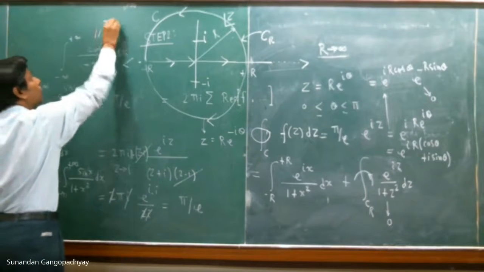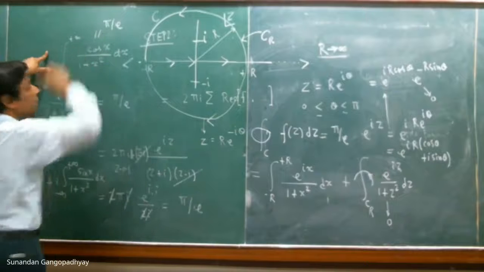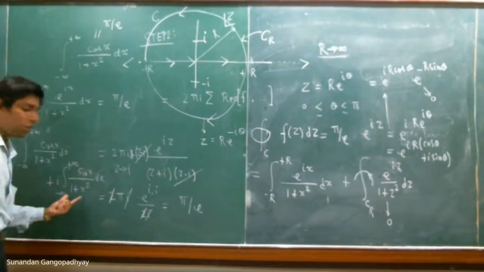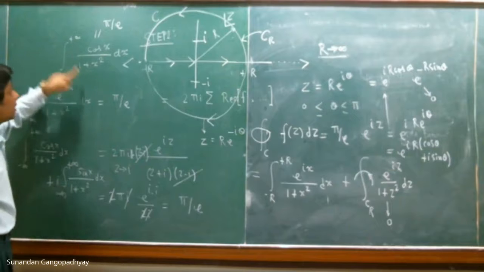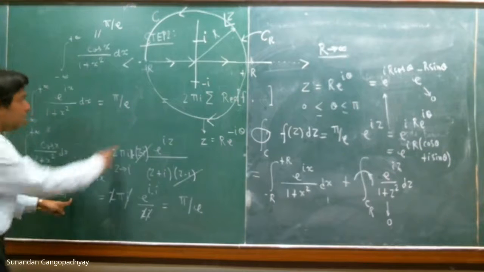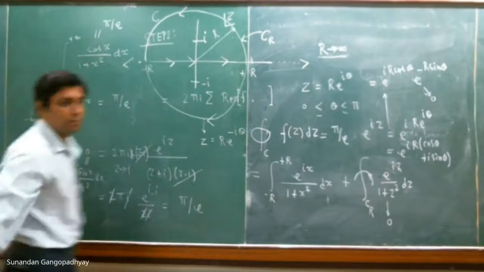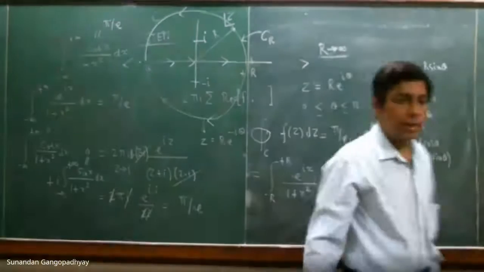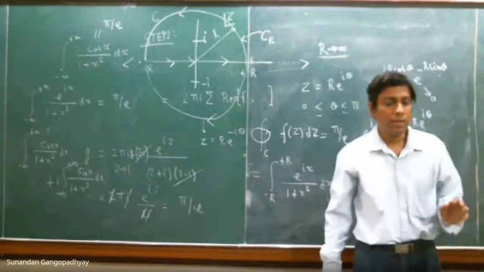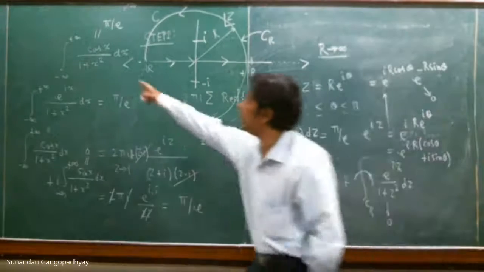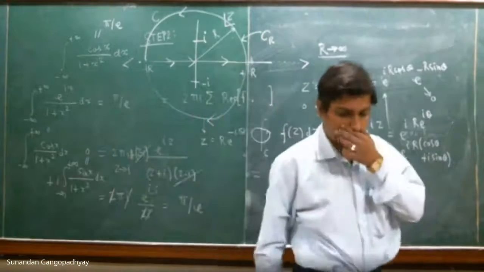Therefore the integral that we were trying to evaluate is nothing but pi by e, and as a byproduct you have also evaluated the integral of sin x over 1 plus x square. There is no imaginary part over here, and therefore this integral is 0. The integral from minus infinity to plus infinity of sin x by 1 plus x square dx is 0, and the cosine integral is equal to pi by e.